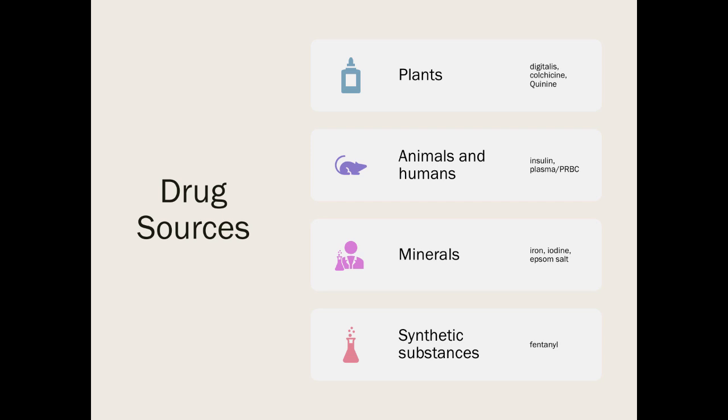So let's talk about some medication sources, some drug sources. We've gone through our key terms, so let's talk about some actual sources of medications. We've got plants, we've got animals and humans, we've got minerals, we've got synthetic, completely lab-derived medications. So plants, just a few examples: digitalis, colchicine, quinine.